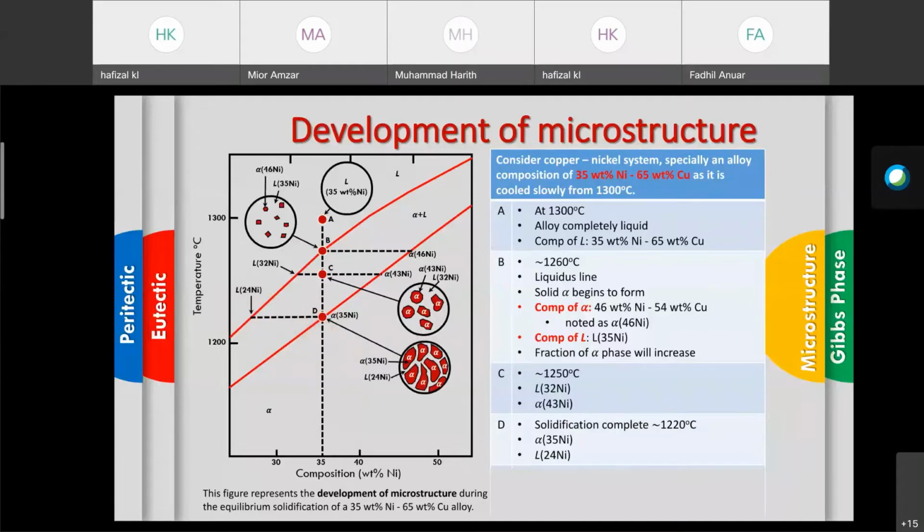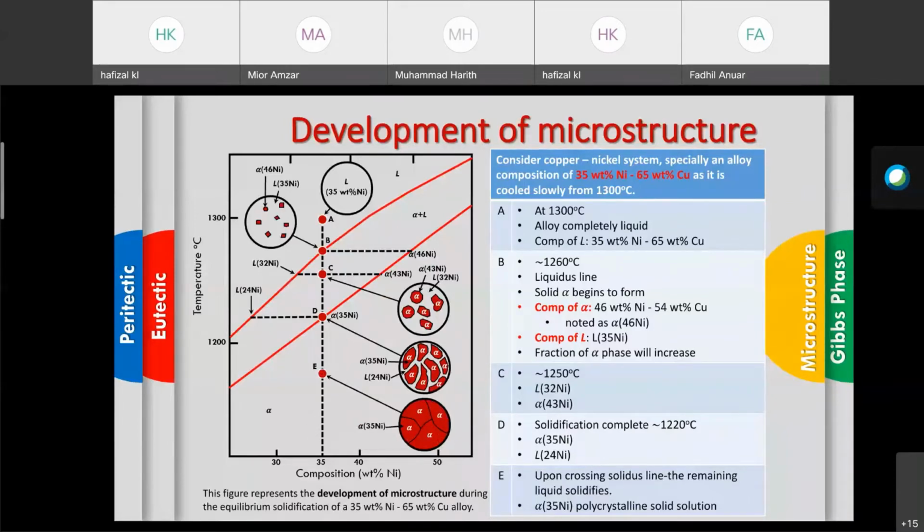From there we can get the value where solidification takes place, and we can say it is 100% solidified, whereby the alpha value is 35. That one we call a polycrystal solid solution. So from there we can draw the solidification, 100% alpha, something like this.